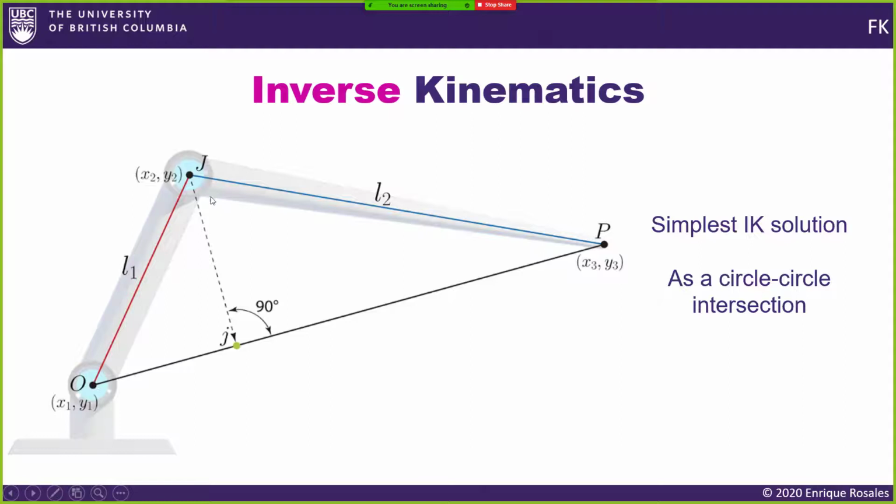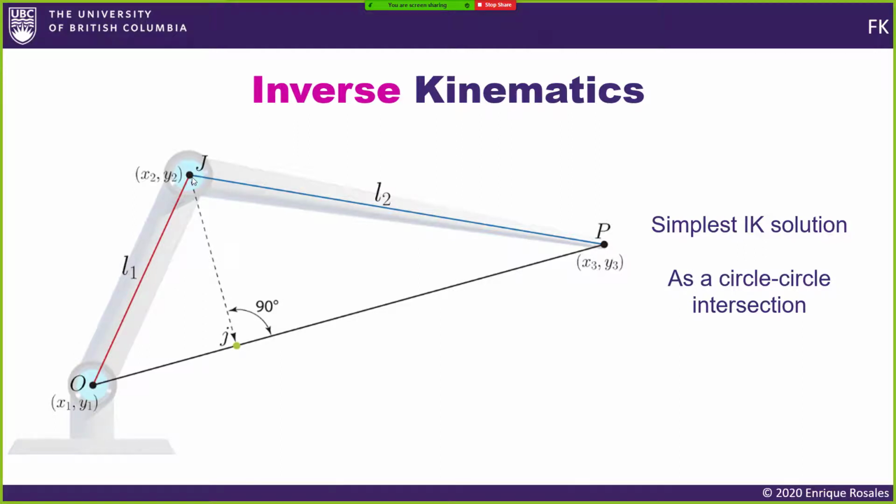So L1 represents one circle, and L2 represents another circle, and its origin is the end effector. So basically, the projection of the intersection between those circles onto this line here is this point J. If you can find this point J, then you can just use Pythagoras, very easy, to find this position up here.